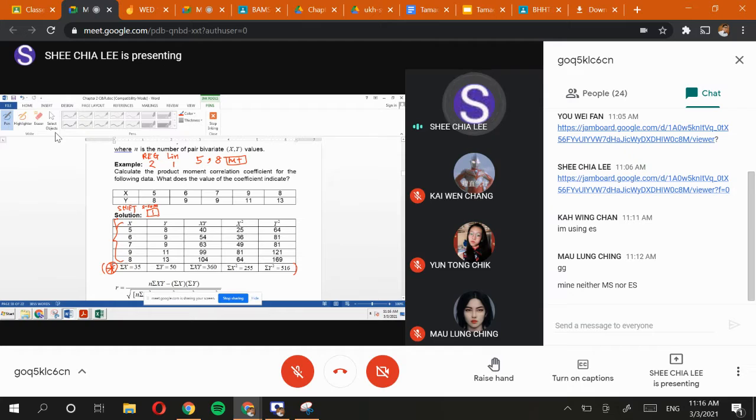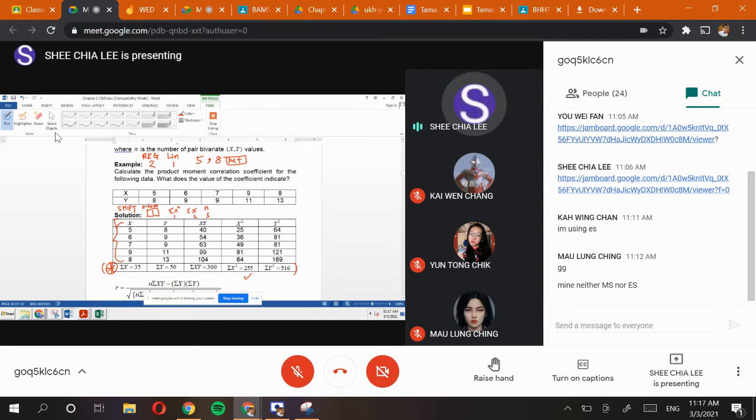So press shift 1. You can see total x square, total x and n, 1, 2, 3. I want to see total x square, so I press 1, then equal. Remember, you need to press the equal button. Then you get your total x square is 255. Can see or not?